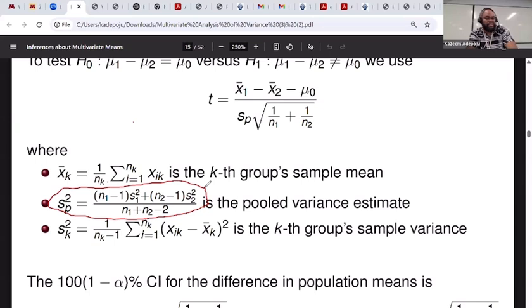for multivariate, each of these is actually going to be a covariance matrix, a sample covariance matrix. So I'm going to have a sample covariance matrix from the first group, and the sample covariance matrix from the second group. And I'm actually going to have a pooled sample covariance, which is what I'm having here.